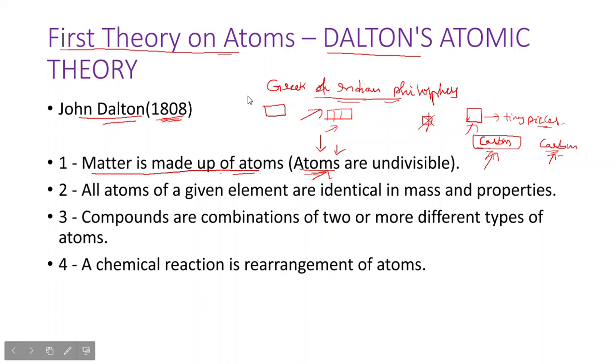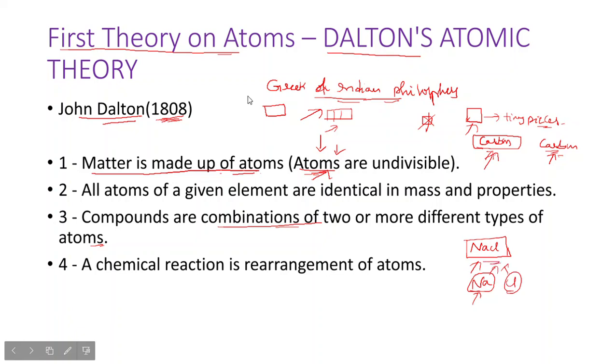They have the same mass and the same properties. And compounds are combinations of two or more different types of atoms. For example, NaCl is a compound, a combination of sodium atoms and chlorine atoms.